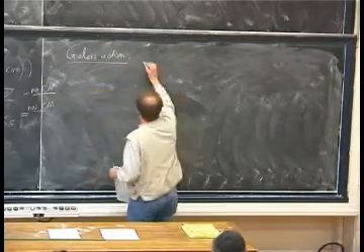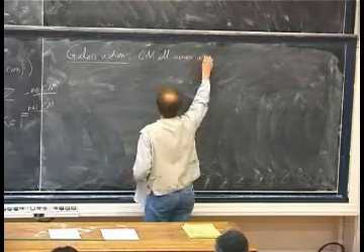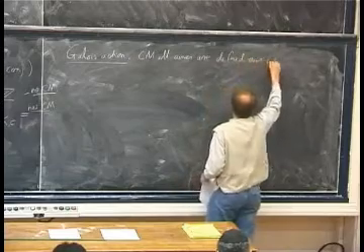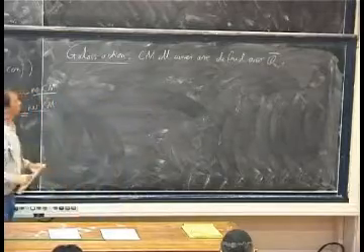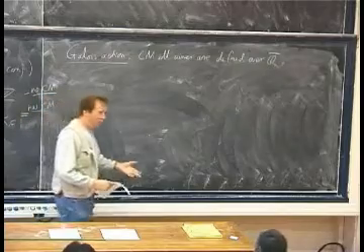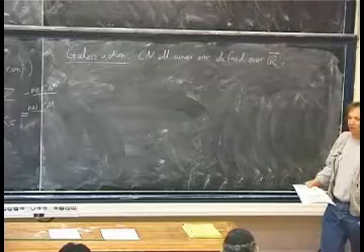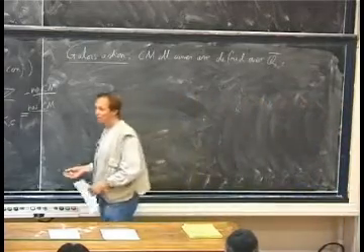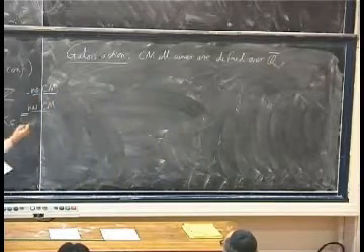So CM elliptic curves are defined over Q bar. This is very easy to convince you, because if it were not the case, then the j-invariant would be transcendental. And because complex endomorphism is just an algebraic notion, you could argue that every elliptic curve with a transcendental j-invariant had CM, right? Which is not the case. So they're defined over Q bar.